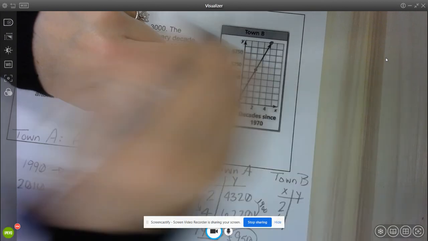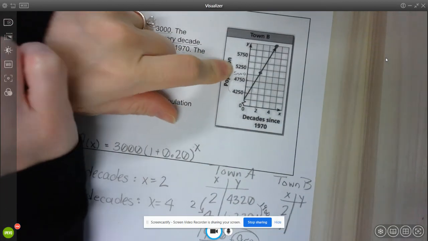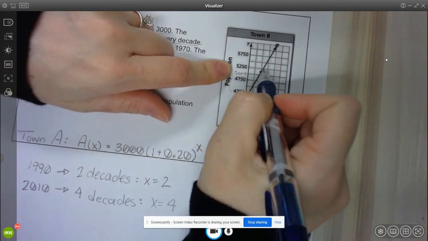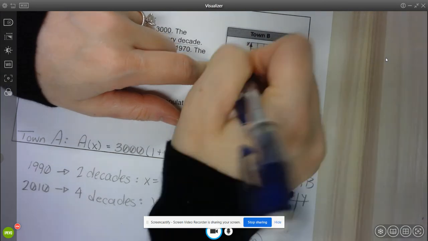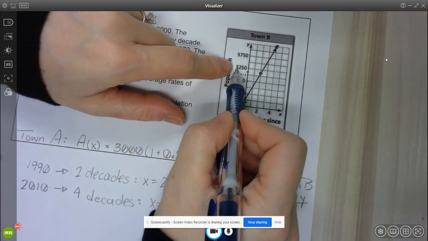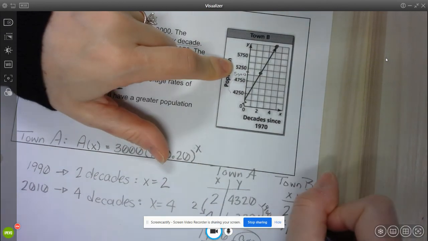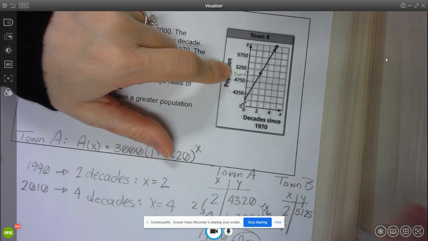Oh, this is in half. Just kidding. It can be divided in half. Thought I was somewhere else. So now I'm going to add 125. So this y value here, because it's halfway between 5,000 and 5,250, is going to be 5,125.